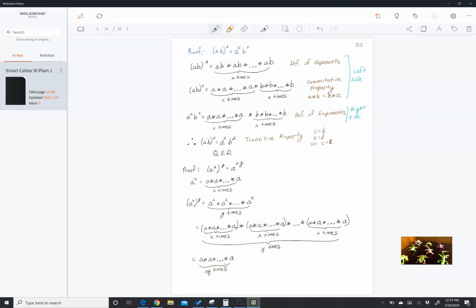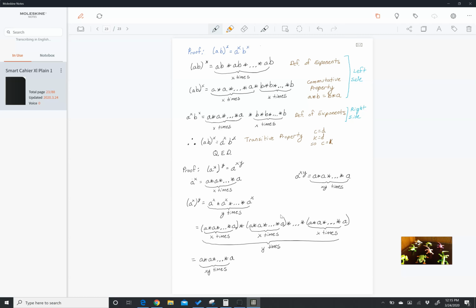And now we did the left side, so we can then do the right side. I'm going to put the right side up here, just so that we don't have to go on to another page. So we have A times A, and this is once again definition of exponents. And we already know that this is x times y times.